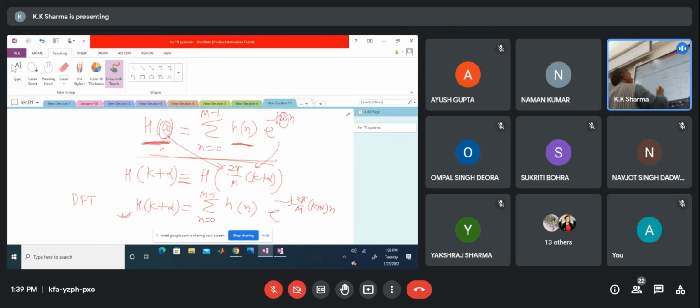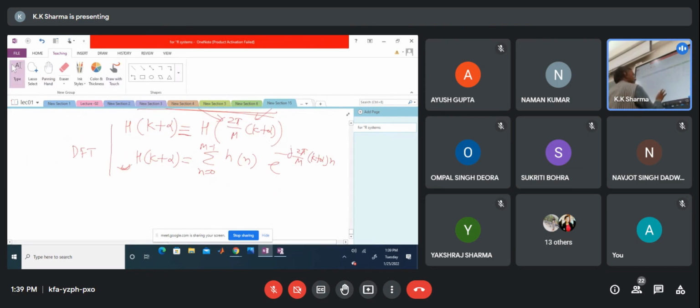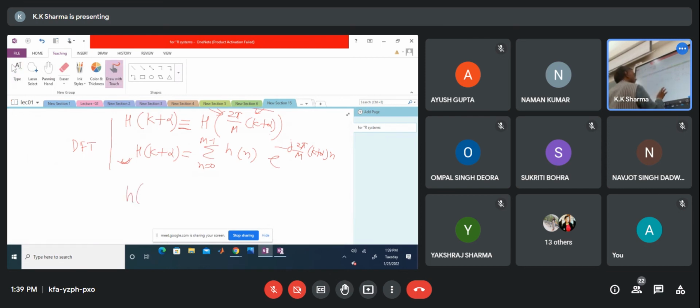Now using this equation I will obtain h(n). That is the final thing. Using this DFT kind of relation, I can obtain h(n) equal to 1 upon M summation H(k plus alpha) e to the power j 2 pi by M into k plus alpha into n, and k equal to 0 to M minus 1. Same as the DFT equation.